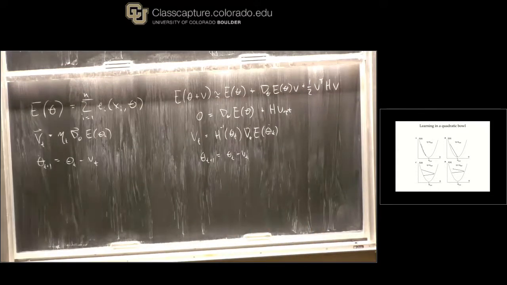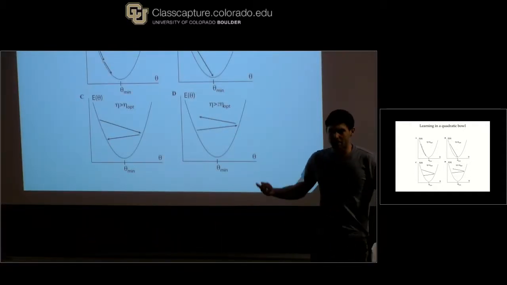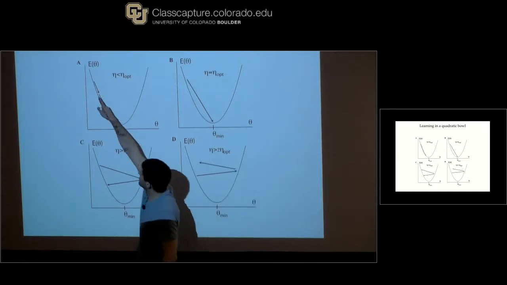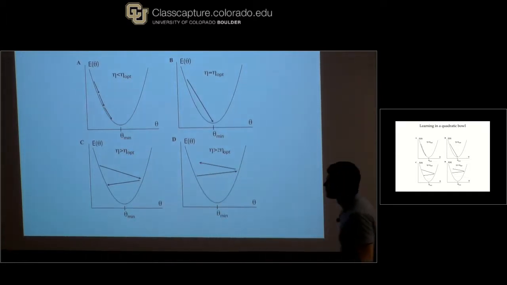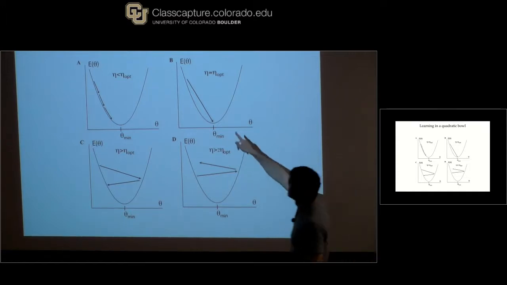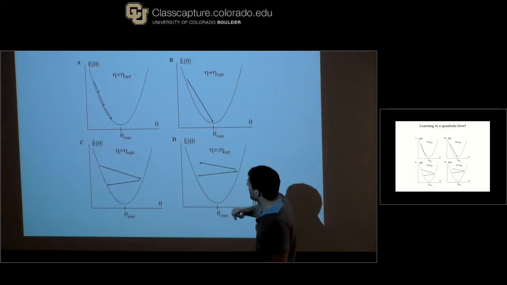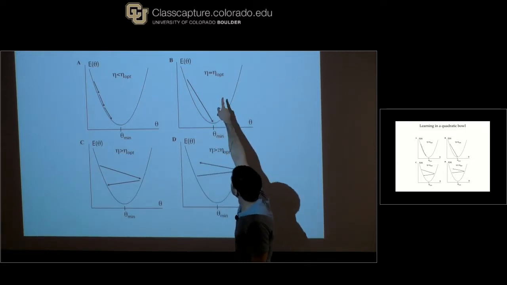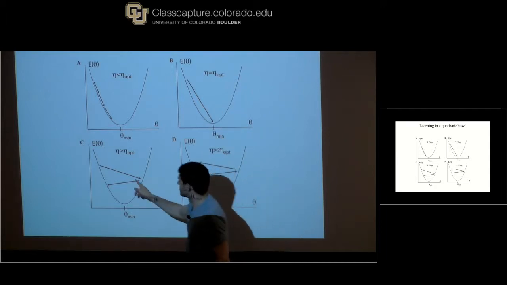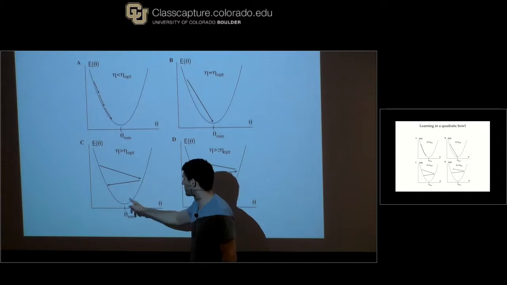If you have a learning rate that is smaller than 1 over the eigenvalue of the Hessian, you'll take little steps down the quadratic bowl like this. If you use Newton's method, in one step you go right to the bottom. If you use a step size that's bigger than the Newton's method optimal, you start pinging back and forth across the bowl, but you still go back down to the bottom.